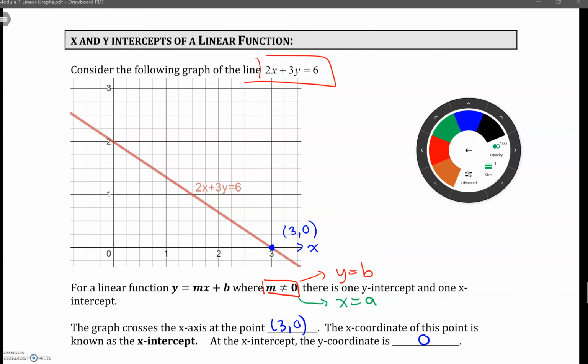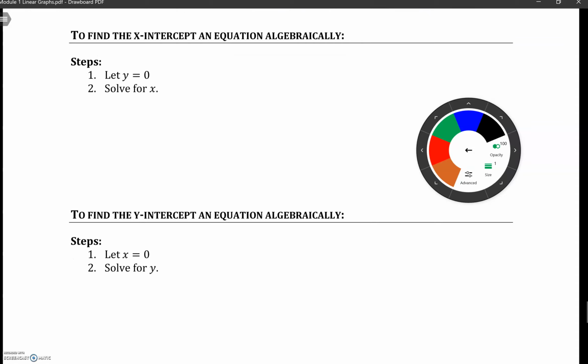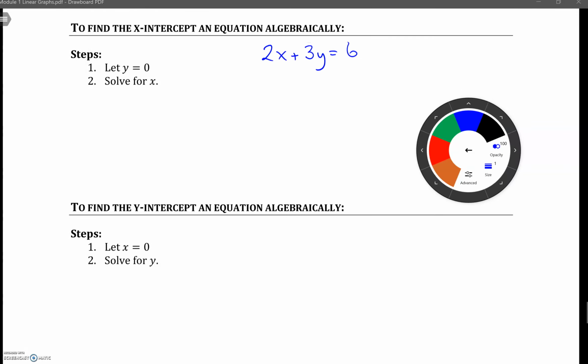Now that we've talked a little bit about what an x-intercept is from a picture, let's look at how we find the x-intercepts for an equation algebraically. Because we know the y value has to be 0, we take our equation 2x plus 3y is equal to 6 and sub y equals 0 into it.